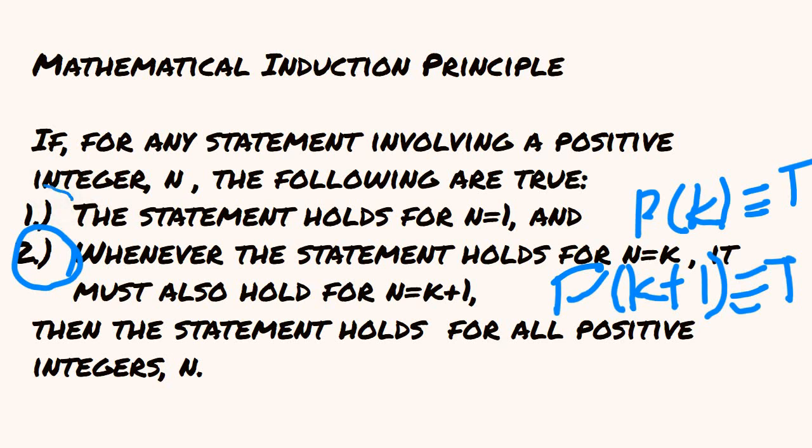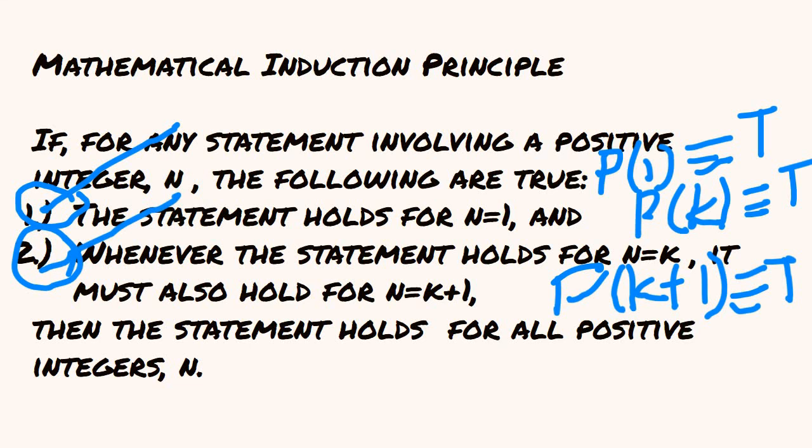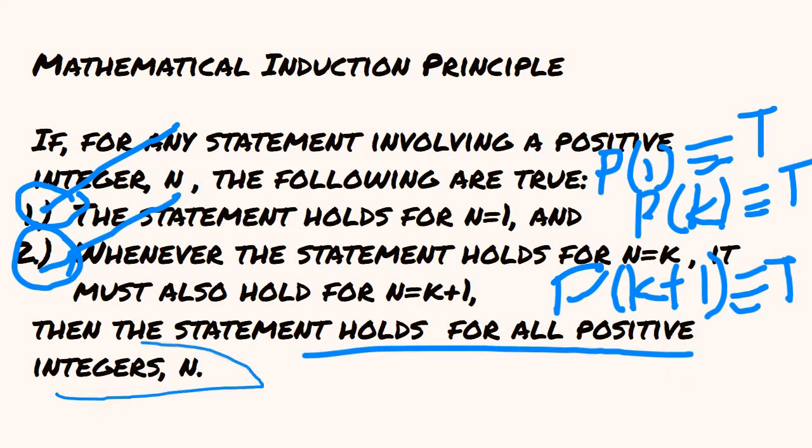Of course, the base case was satisfied early on, as p sub 1 is also true. Given these two conditions, the statement holds for all positive integers, and that's it.